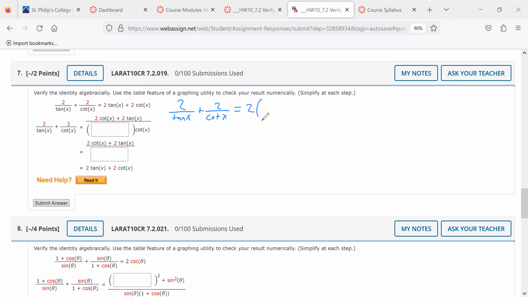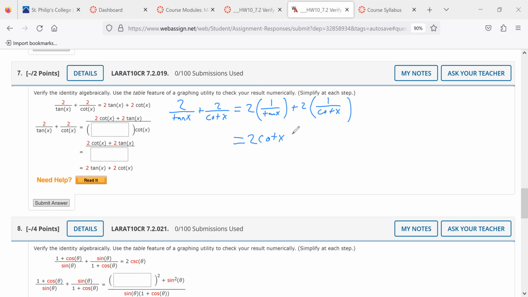Just pull out the 2 in front and check this out. What is 1/10? This is cotangent.